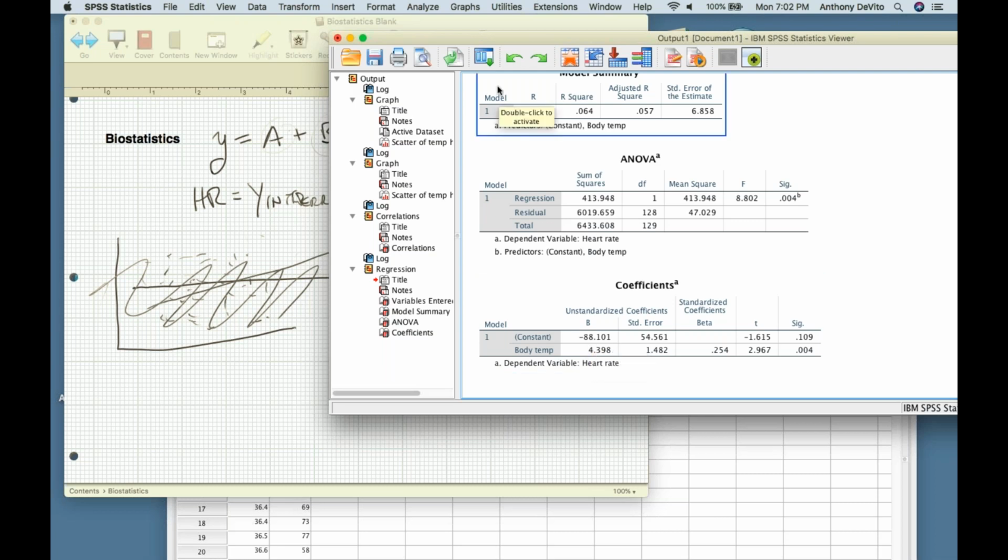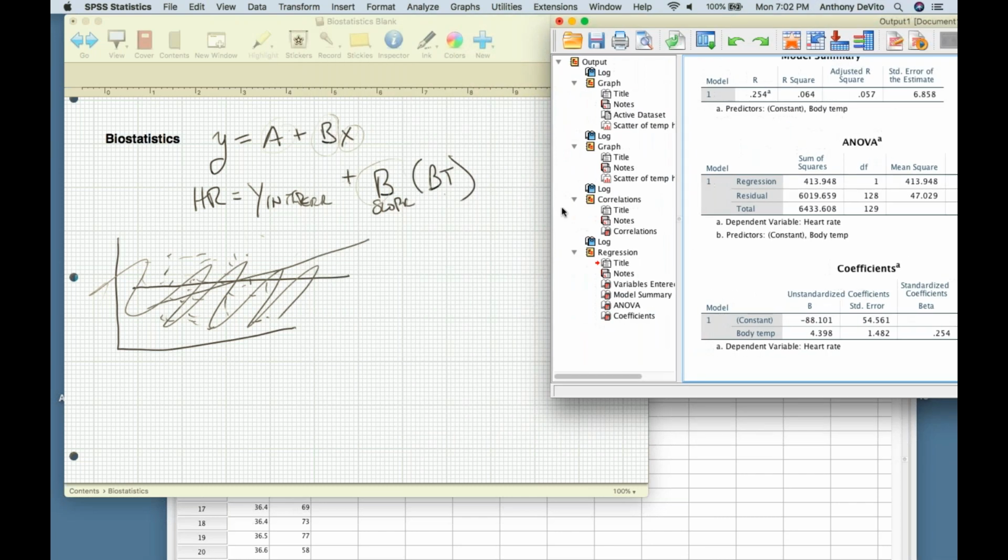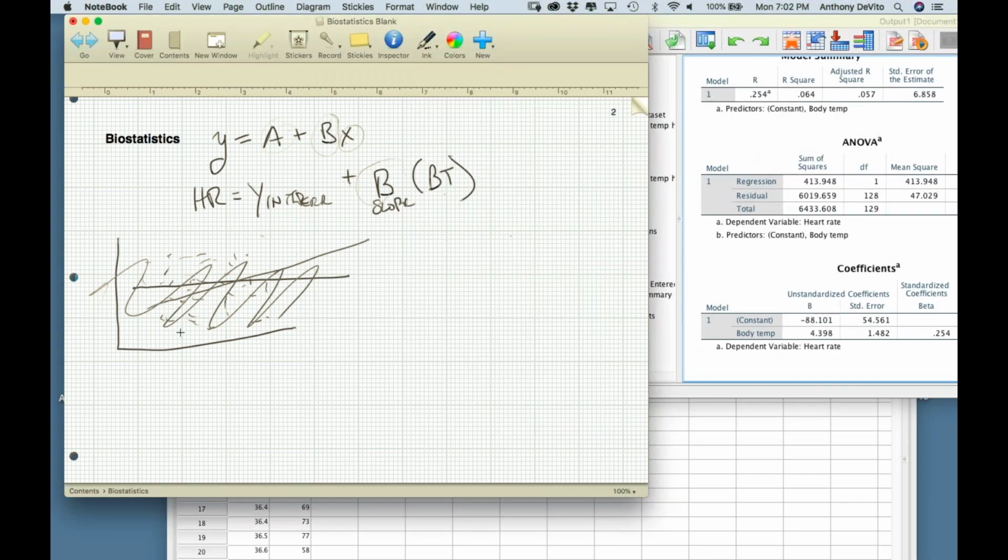I'm going to call that 4.4. So substituting those, the heart rate, which is our response variable or dependent variable, is equal to -88 plus the slope of 4.4.